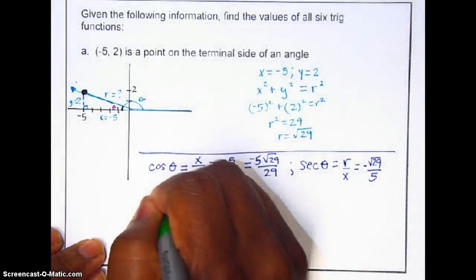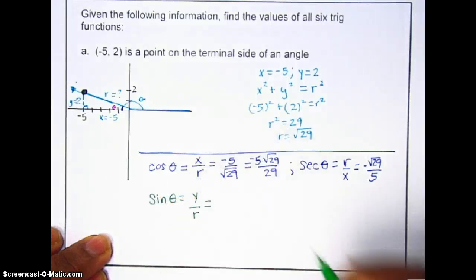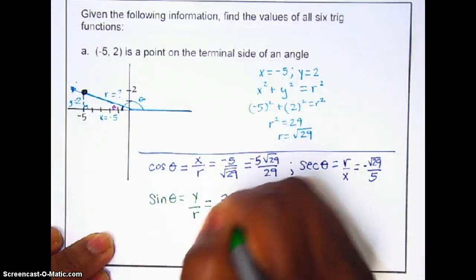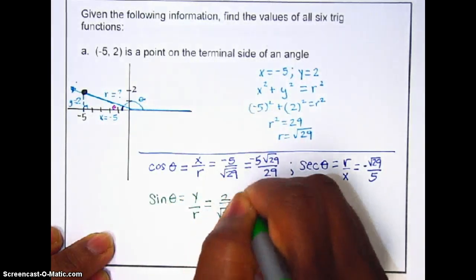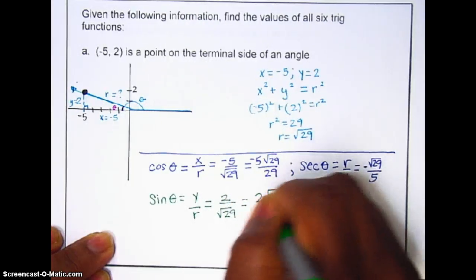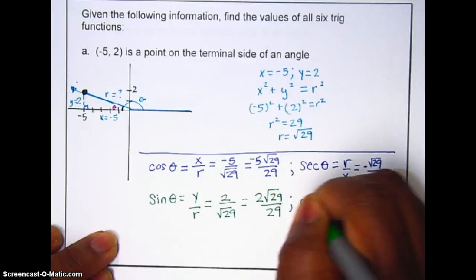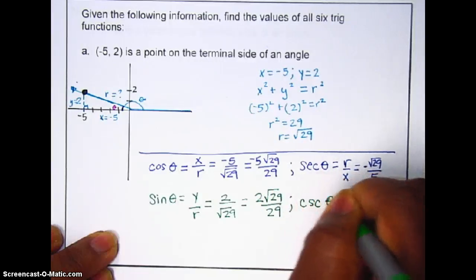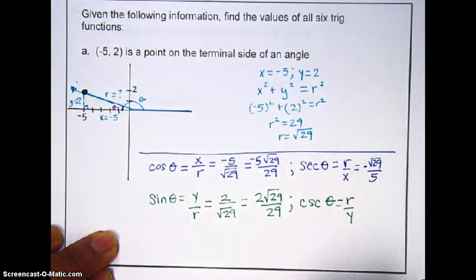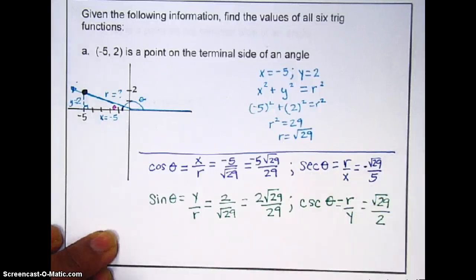So sine of theta is y over r. The y-coordinate is 2. r is the square root of 29. Again, simplifying, this becomes 2 root 29 over 29. Cosecant is the reciprocal of sine, which is r over y, and that just results in the square root of 29 over 2.